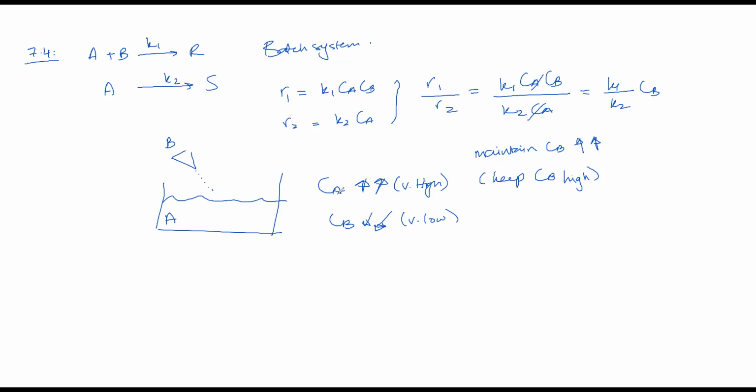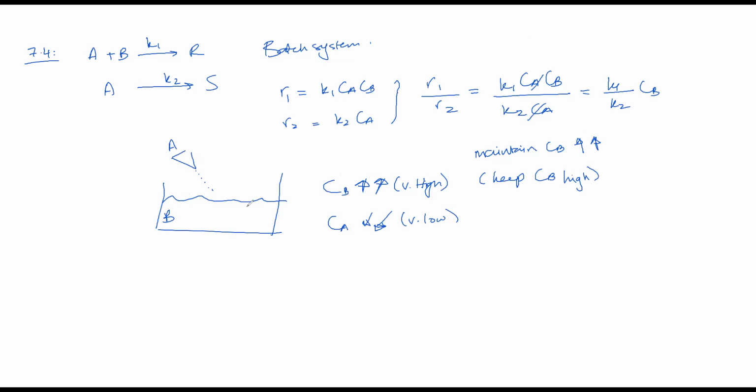In this case, if I want to keep Cb high and Ca low, all I have to do is start with a reactor full of B. So I want to keep Cb as high as possible and Ca as low as possible. So I'm going to start with a system full of B, and I'm going to slowly drip A into the system.